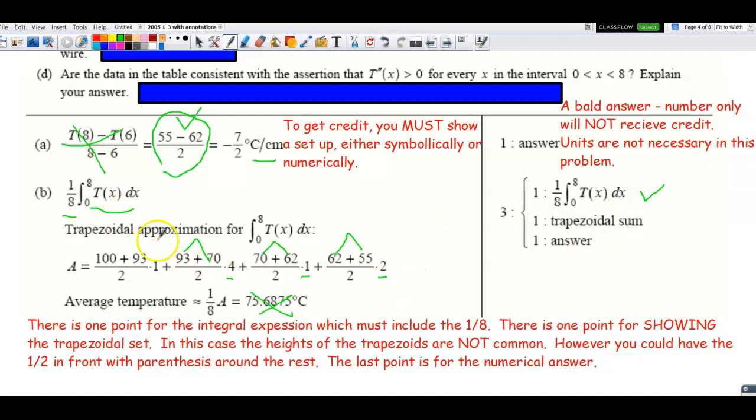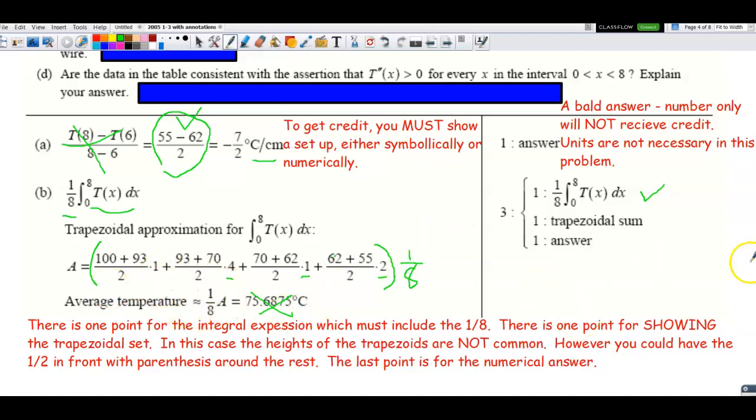Now if you're going to do this, let me be very clear. If you're going to leave your trapezoidal approximation, which I would so strongly encourage you to do, you would not get your final answer unless you had this entire sum multiplied by the 1/8. Remember, we had to do the average value.